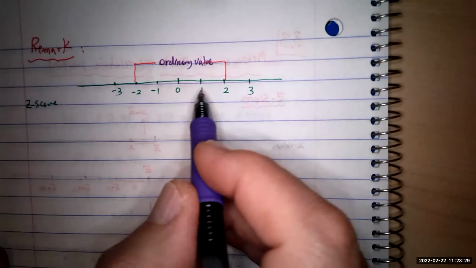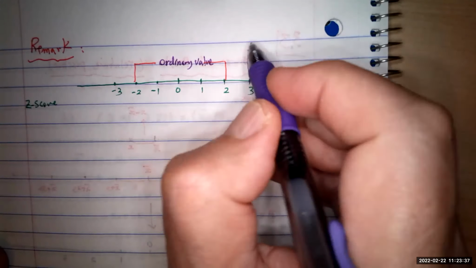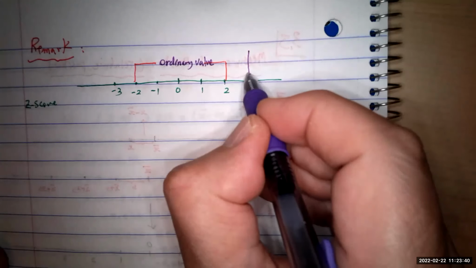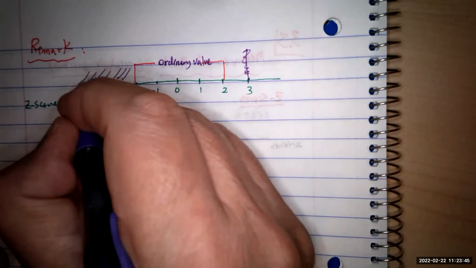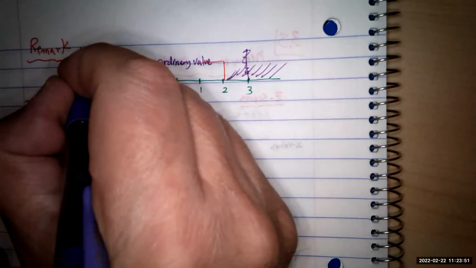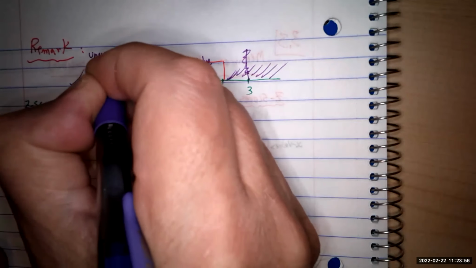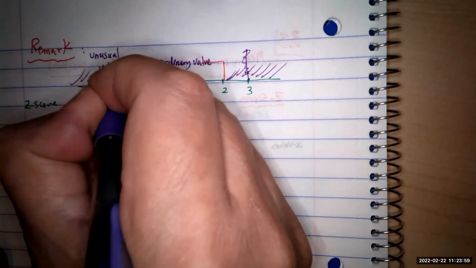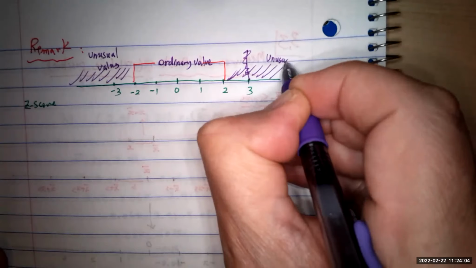And if you are going to be outside, I'm sorry, not this one, if you are outside, meaning either here or here, in this case your number is going to be called unusual. You've got quite a lot of problems in your book on unusual values.